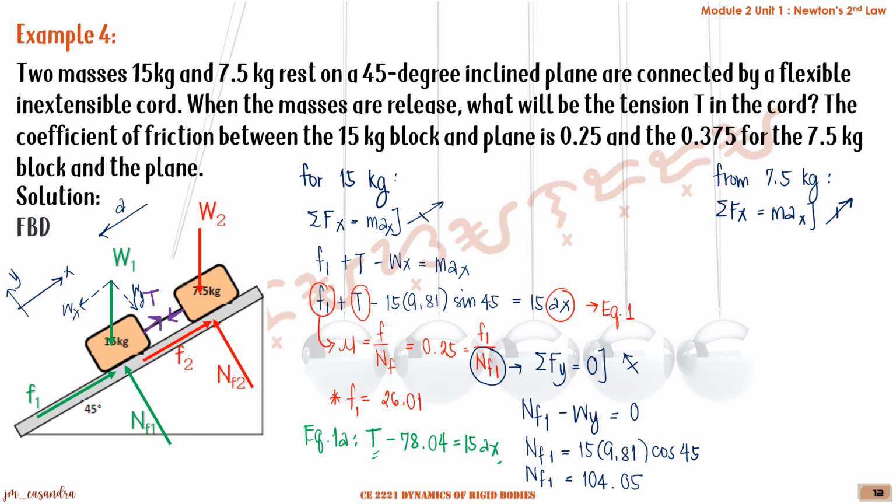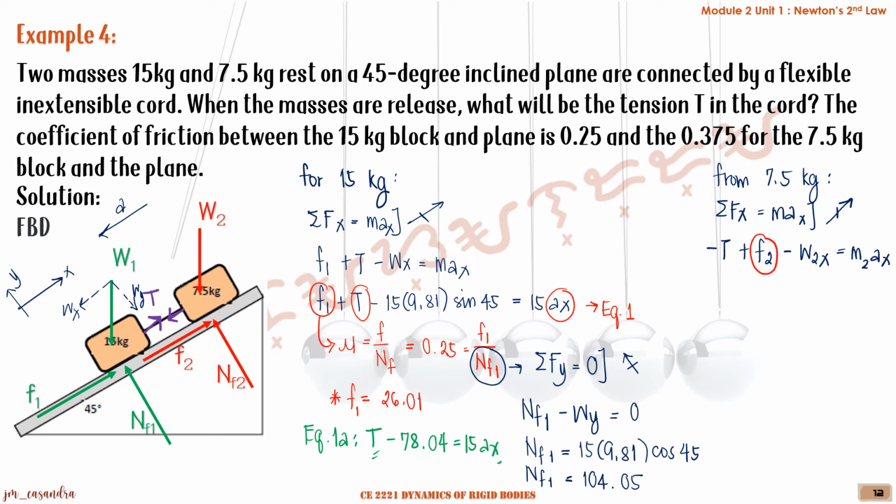So what are the forces along the x-axis? We have negative tension plus frictional force 2 minus weight 2x. That's equal to mass 2 ax. Okay?